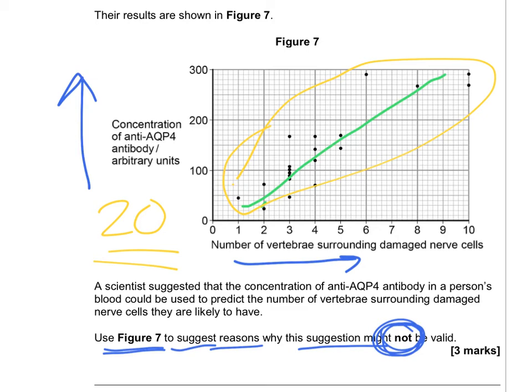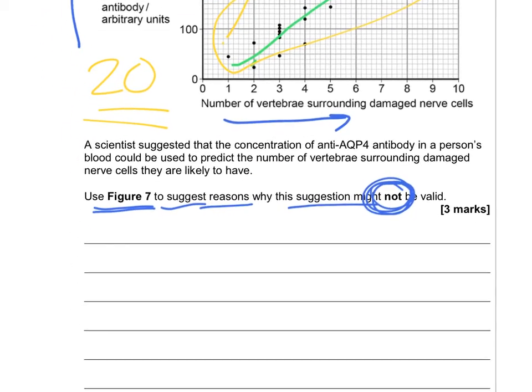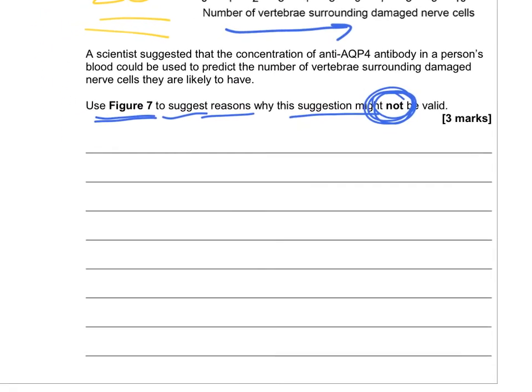Also, if you look at some concentrations of anti-AQP4 antibody, there is a range in the number of vertebrae surrounding damaged nerve cells. So, for example, at this point here. So, those are the kinds of reasons that they're looking at, why it's not valid.